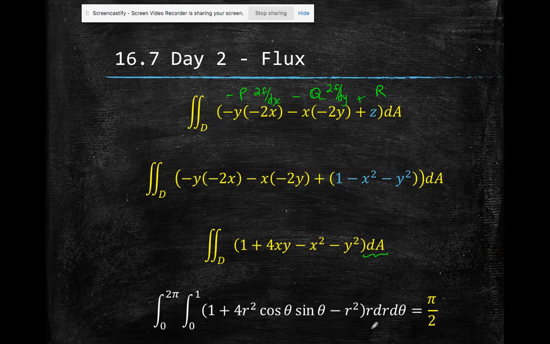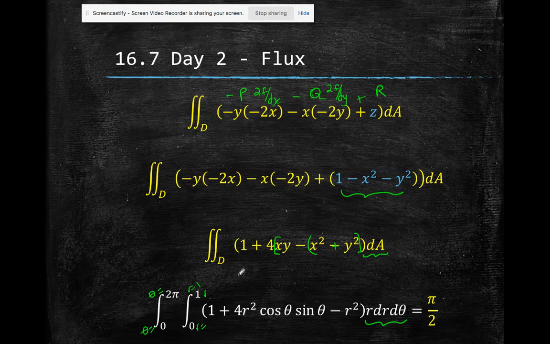So you're going to take your dA, transform it into R dr d theta. Here's my 1 plus 4. Right? R sine theta, R cosine theta, times one another is my R squared cosine theta sine theta minus R squared. And again, with my shape here, hopefully you can see that R goes from 0 to 1. And going all the way around, my theta goes from 0 to 2 pi.